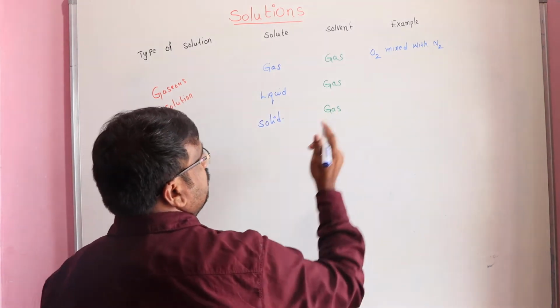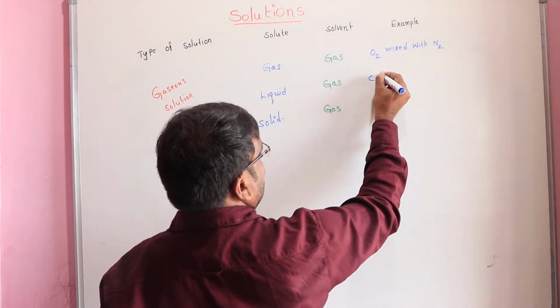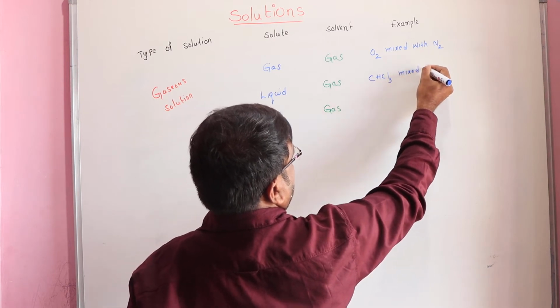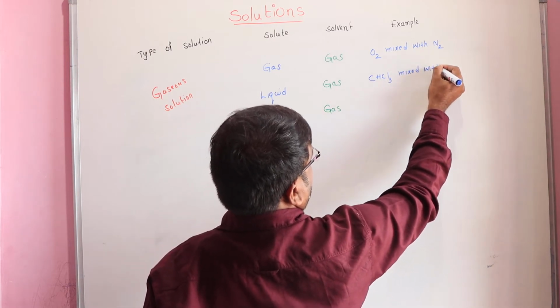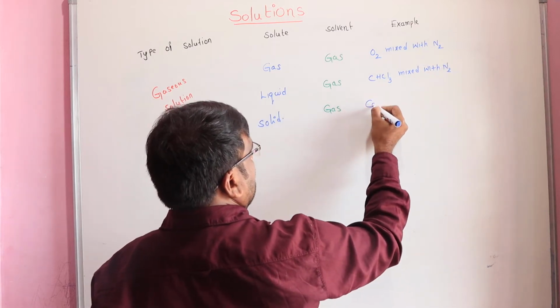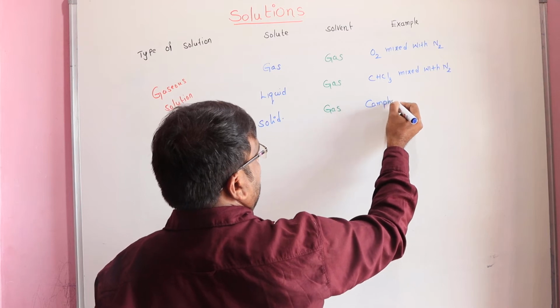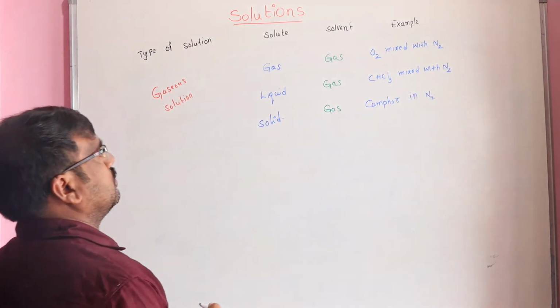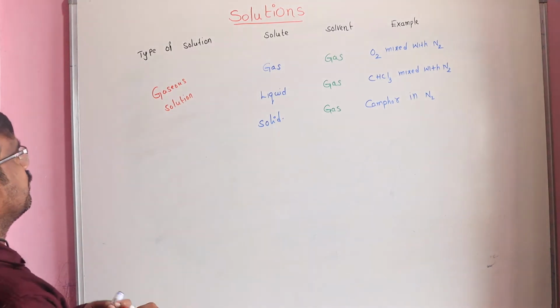Liquid in gas, the best example is chloroform mixed with nitrogen. Solid in gas, camphor in nitrogen is an example of that type of solution.